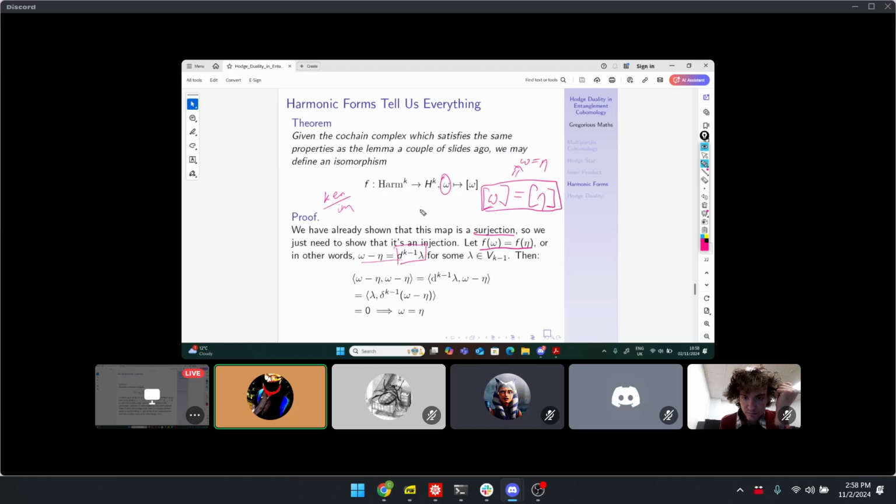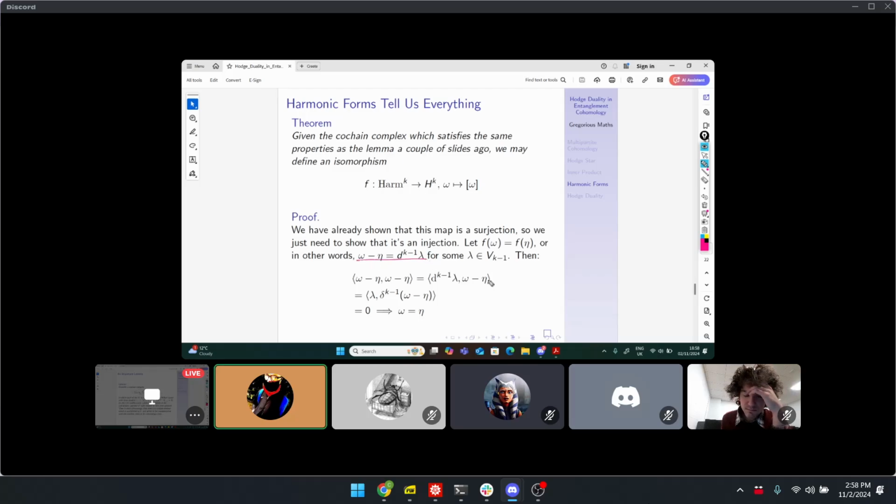That's just quotient groups. So for example, if we're in the integers mod 5, then two things are the same mod 5 if their difference is divisible by 5. And it's the same reason why this is happening.